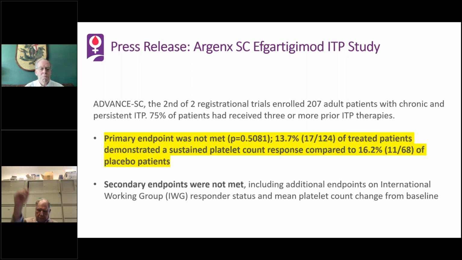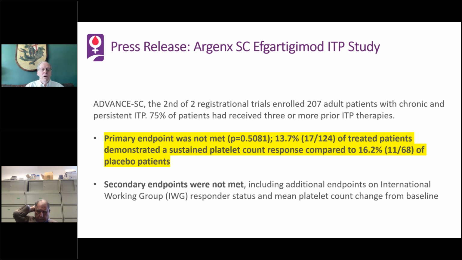The patients were similar to the ones in the IV phase 3 trial that I showed you. This has not been published yet. And there were 207 patients randomized again 2 to 1. 3/4 of the patients had received 3 or more prior therapies, so maybe a slightly more refractory.